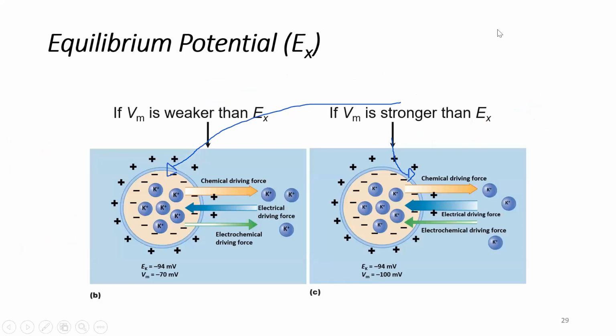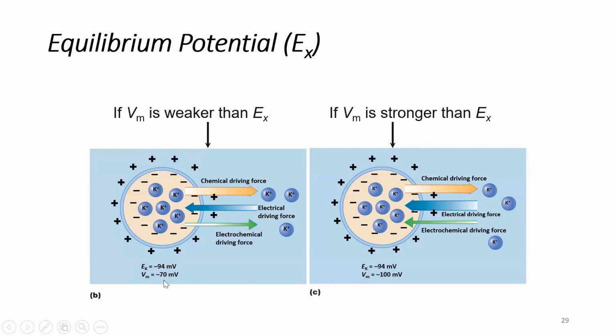So, oops, let's clear this off. Okay, so here we're seeing a better illustration of what that algorithm would look like. Here we have a scenario where the equilibrium potential is -94 and the membrane potential is -70. Here we're going to compare the absolute value.